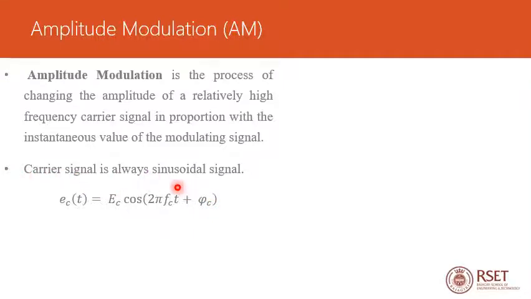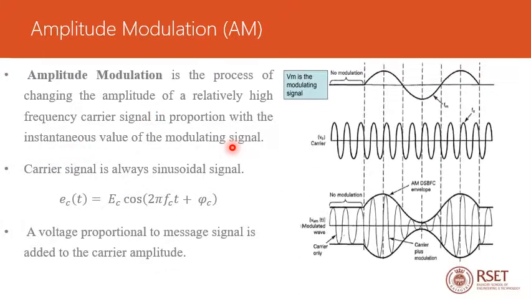As already told, it is a time varying signal, that is why we have t. The parameters that can be modulated are the amplitude, the frequency, and the phase. In amplitude modulation, we are changing the amplitude of this carrier signal in proportion with the instantaneous value of the modulating signal or message signal.